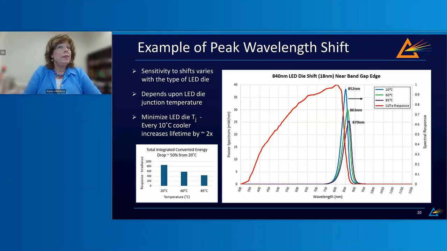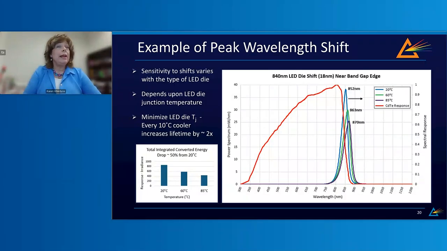But spectral shifts can move that irradiance out of a wavelength region and severely compromise the accuracy of an LED solar simulator. For example, as the red curve indicates, cadmium telluride absorbs efficiently up to about 855 nanometers, but it falls off sharply after that. If you have an LED that shifts outside that band edge, it may no longer produce the true AM 1.5G irradiance in the 800 to 900 region.